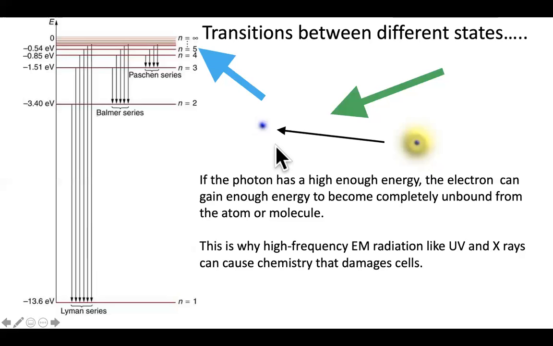This is why UV light and X-rays and gamma rays can ionize atoms or equivalently break chemical bonds. They can do chemistry in a way that longer wavelength, lower frequency light just can't.